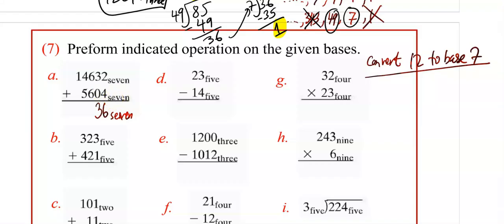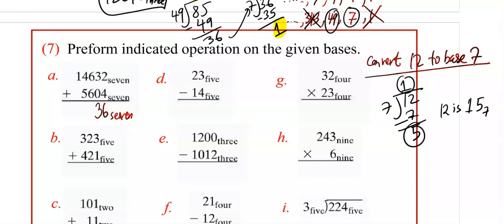Therefore to convert 12 to base 7, you divide 12 by 7. 7 times 1 is 7, remainder is 5. Therefore 12 is 1, 5 in base 7.